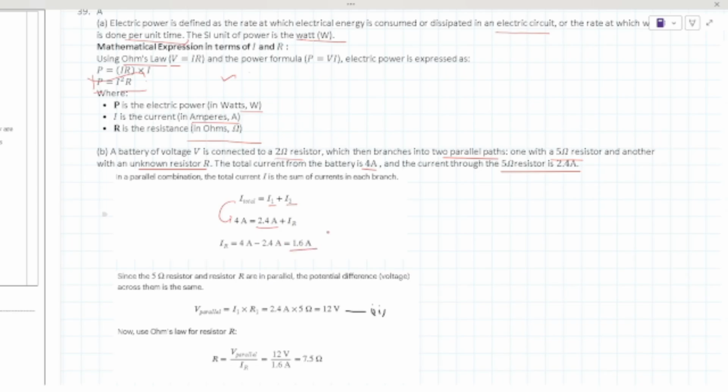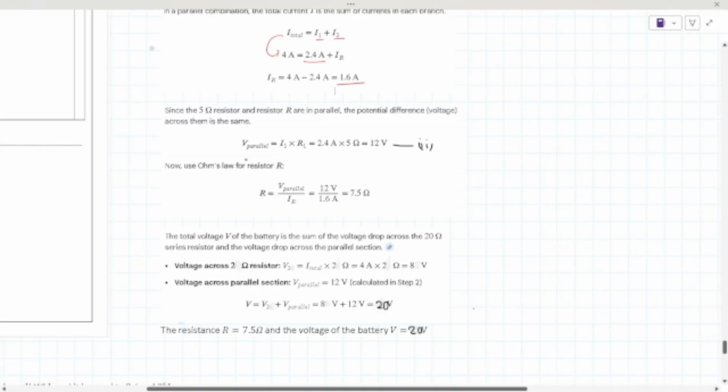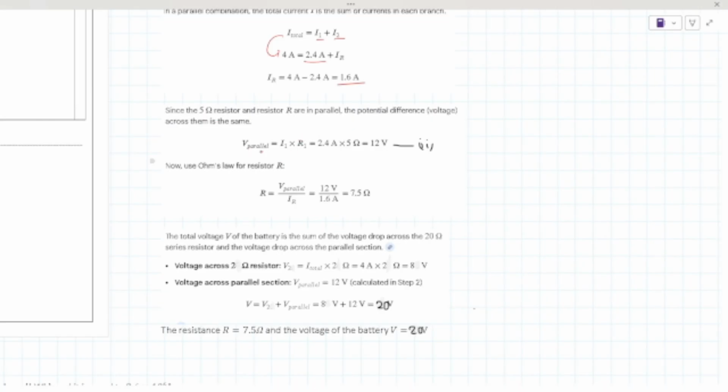Now here total is 5 ampere. Find the voltage across the parallel part: I is 2 and R is 5, so 12 volt, right? Now using Ohm's law, R for the unknown will be V by I.